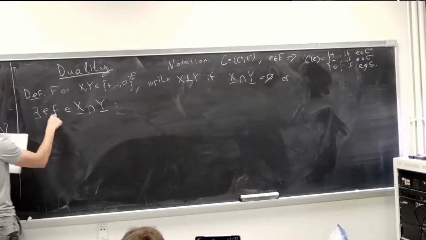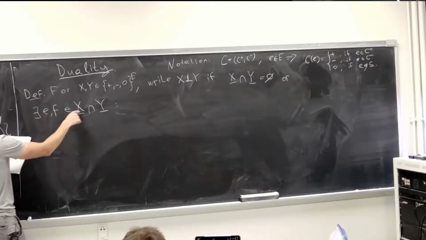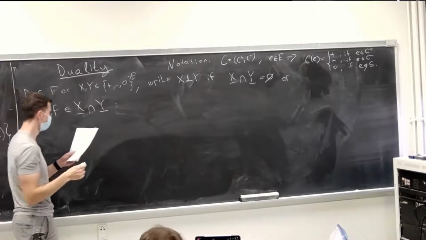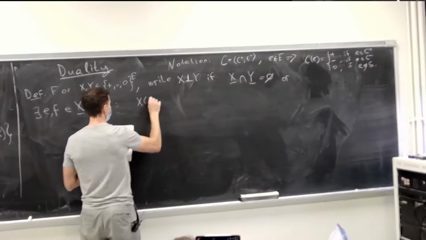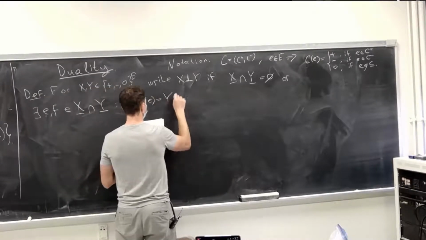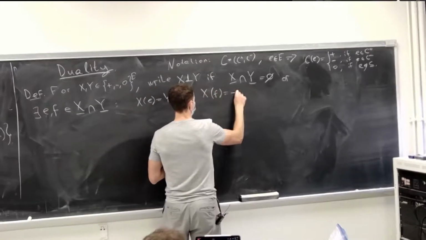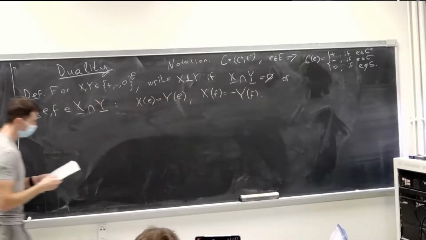Or there exist two elements, E and F, in the support, so that E is oriented the same in X and Y, and F is oriented in the opposite way. So I should say X of E equals Y of E, and X of F equals negative Y of F. All right.